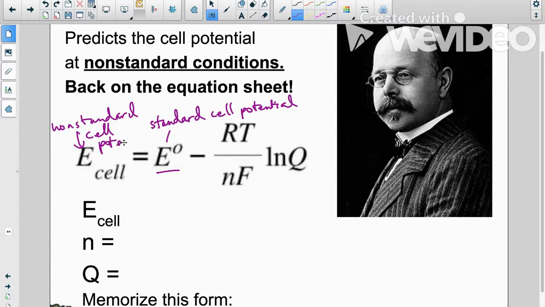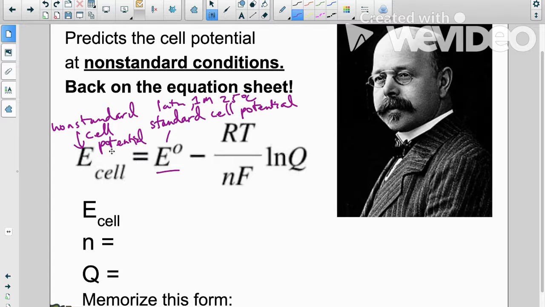And this is useful because not all cells are going to run at standard conditions. The standard conditions are 1 atm, 1 molar solutions at 25 degrees C. We're not always going to be there, so we'd like to know what this cell is going to produce if we're running it at this pressure, at these molarities and at this temperature.